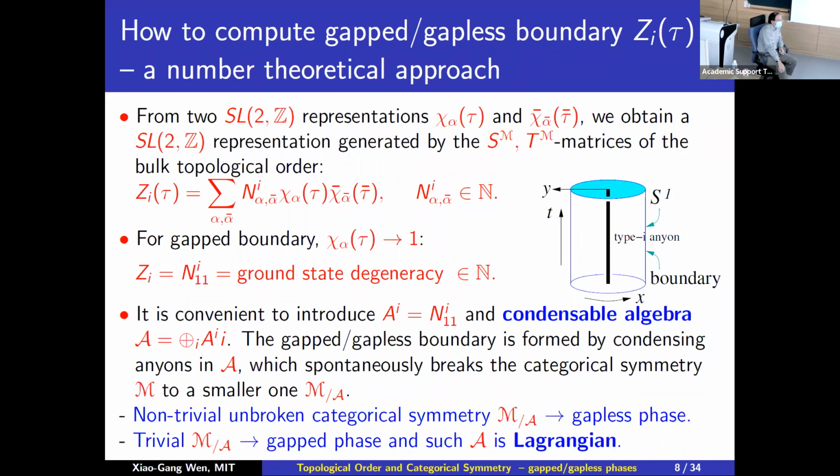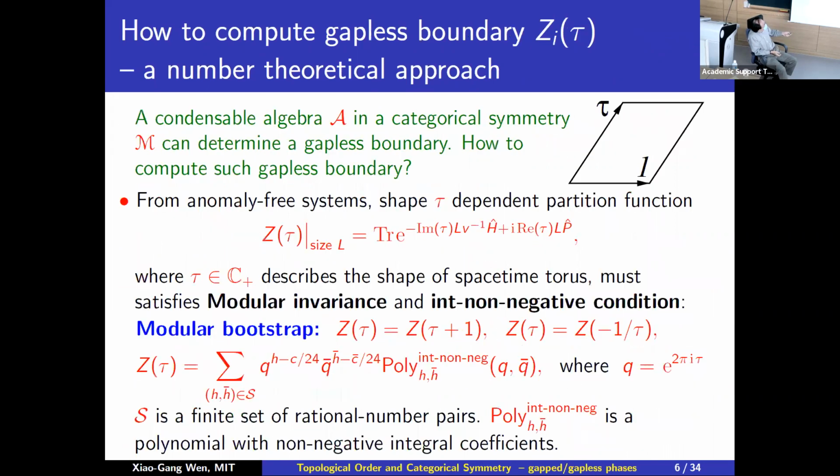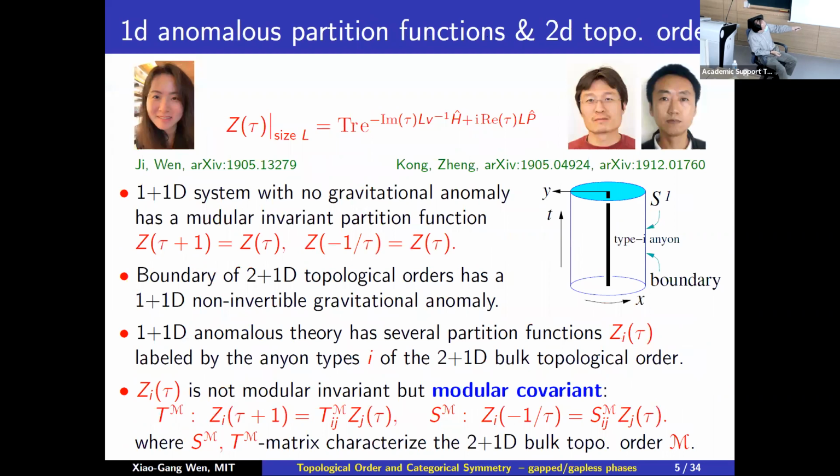In usual CFT, modular invariance means the partition function is invariant under the modular transformations SCFT and TCFT. That's modular invariant. It's just an invariant, there's no S. It's just the function.